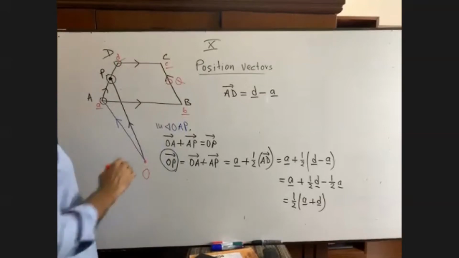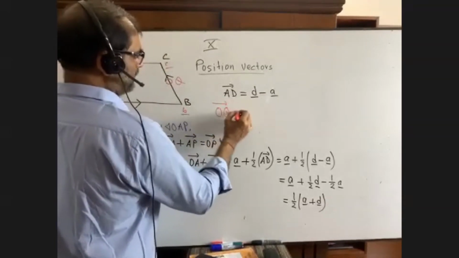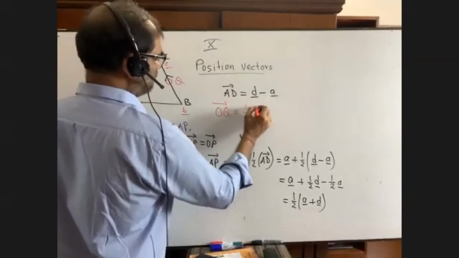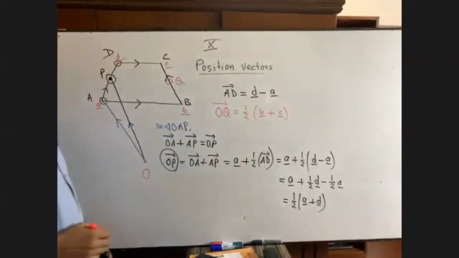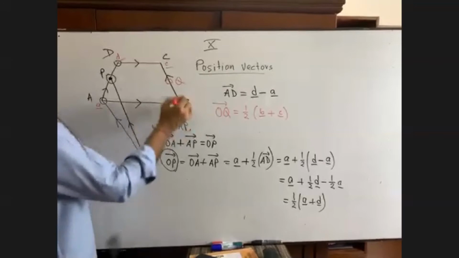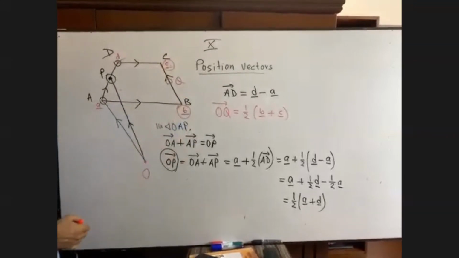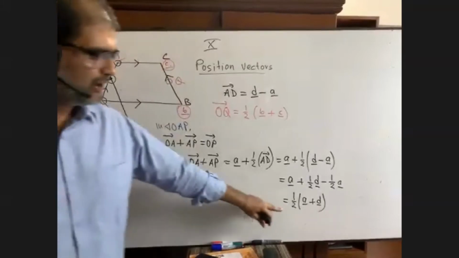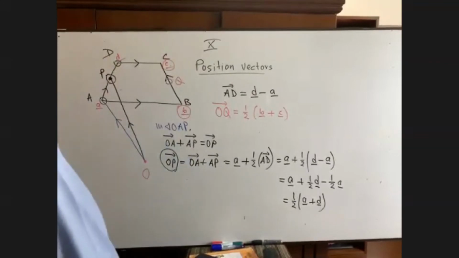Can you please let me know what will be OQ? OQ will be half of B plus C. Sum of this and this by 2. That is the average of this and this. In this way, please try to understand. You are not getting, please talk to me. At first, try to understand.